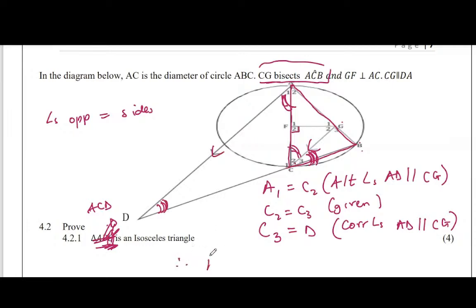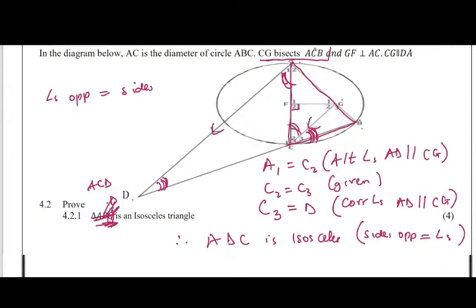Which means ABC is an isosceles, not the other way around. The reason is the sides that are opposite equal angles. So the length AC is the same as the length CD.